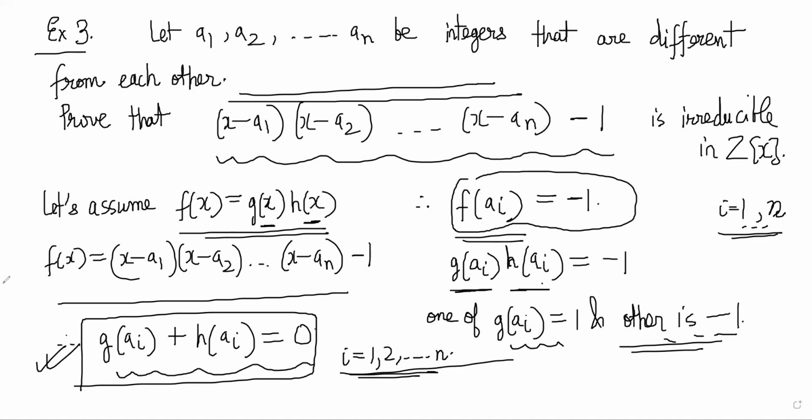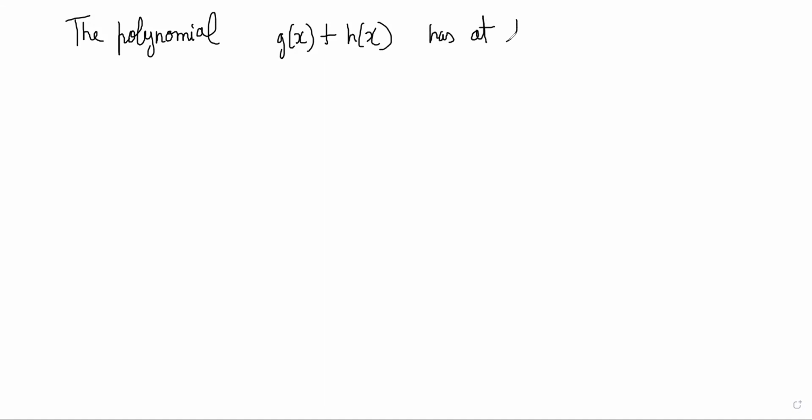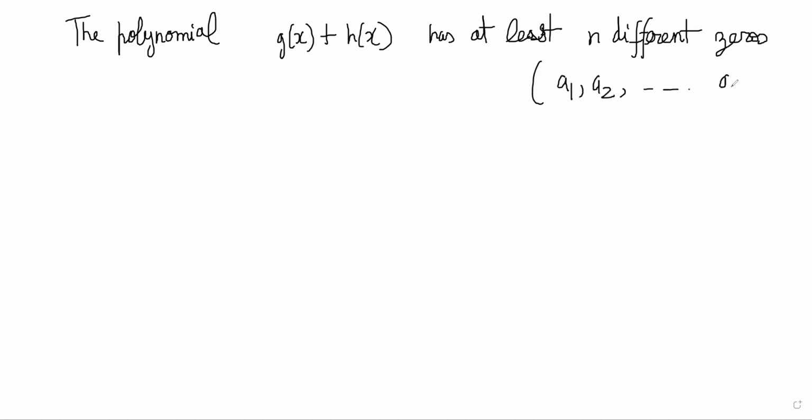Therefore, we can say the polynomial g(x) plus h(x) has at least n different zeros, because the zeros are a1, a2 till an. We know that g(a_i) plus h(a_i) will add up to 0.